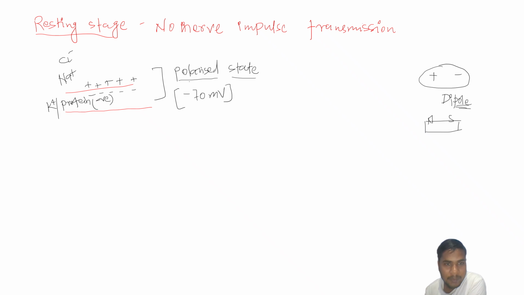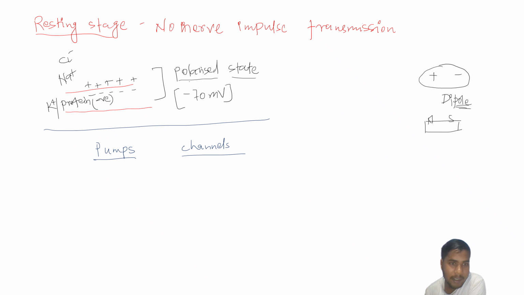Like if we have the neuronal membrane, we have some pumps and some channels. So what is the role of pumps and what is the role of these channels? Pumps are basically sodium ion, potassium ion pumps.